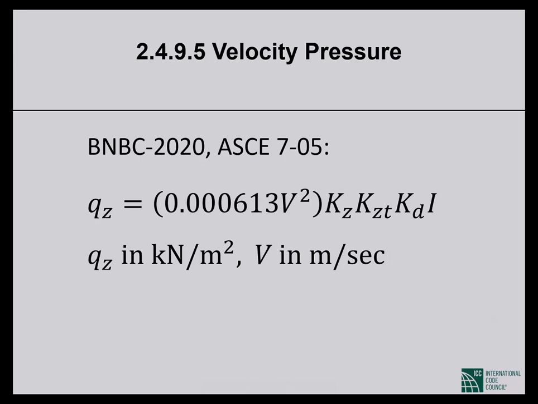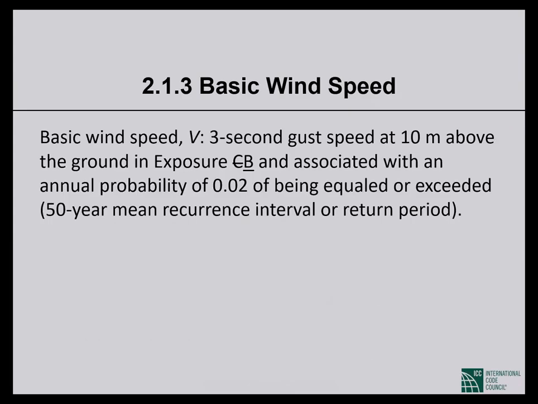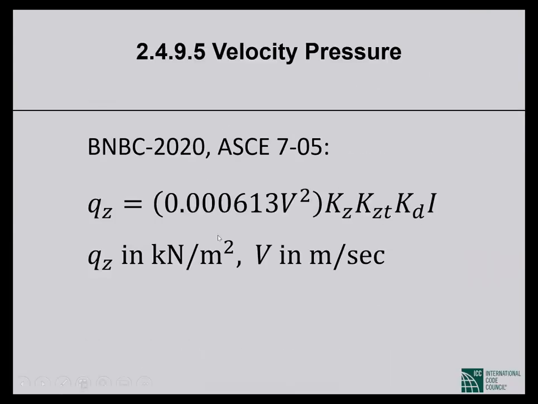Okay. So in ASCE 7, this equation is written without the three zeros, but then q sub z is in newton per square meter, whichever way you like it. So the constant, first of all, is 1/2 of the density of air.